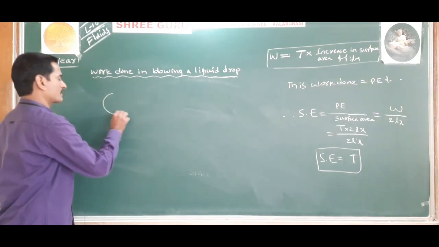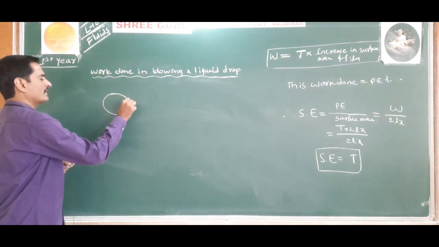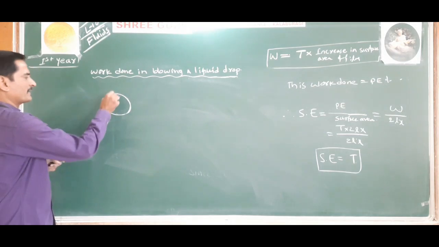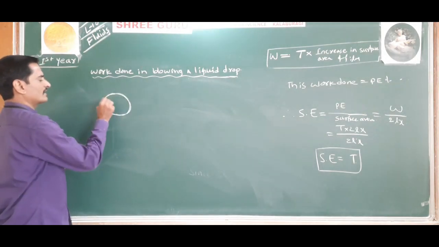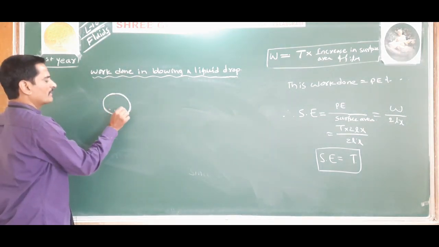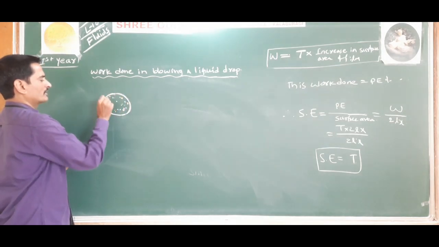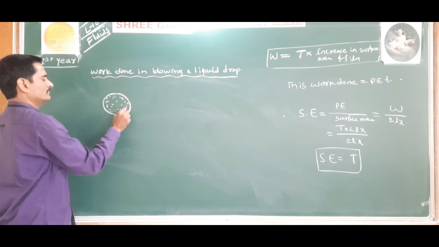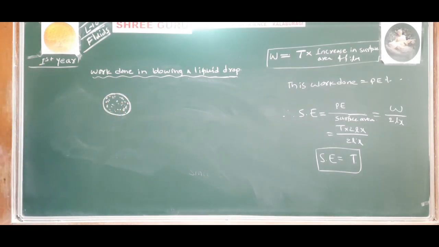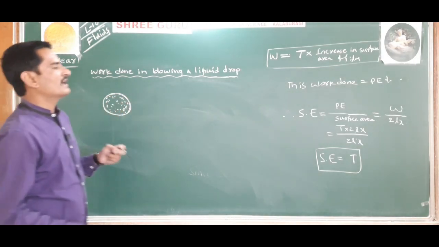A liquid drop is a spherical liquid drop, so inside the drop it will be liquid, and outside it will be the air medium. Now, work done in blowing a liquid drop.